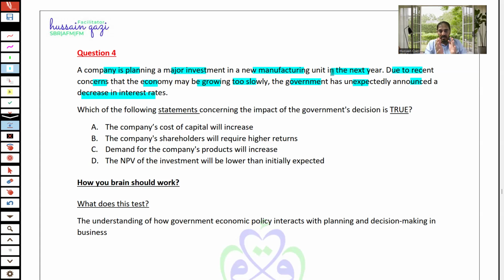So major investment. One side is investment, another side is finance for investment. Due to recent concern the economy may be growing slowly, the government has unexpectedly announced a decrease in interest rate.